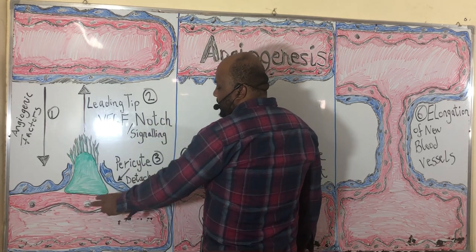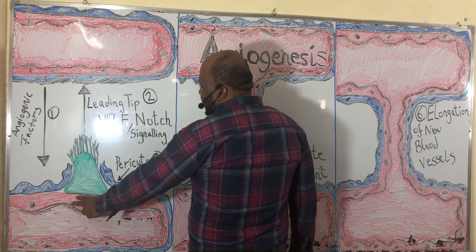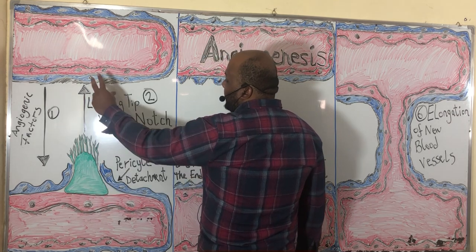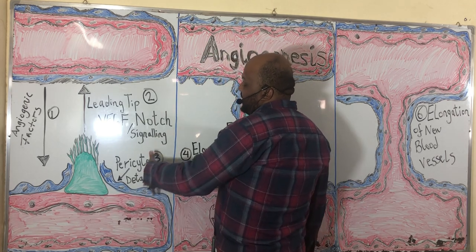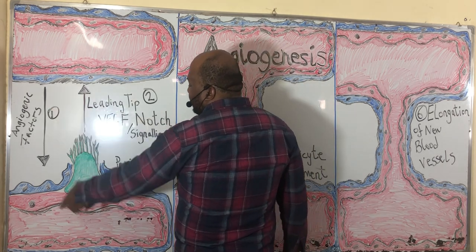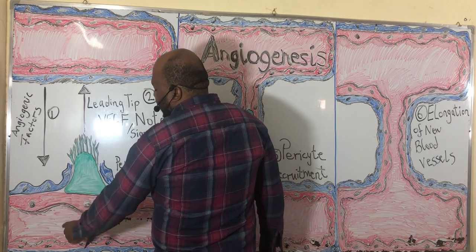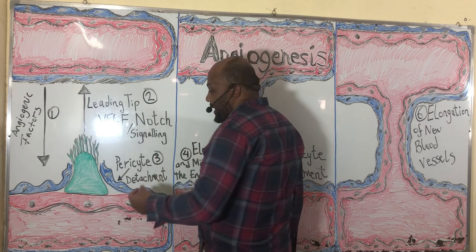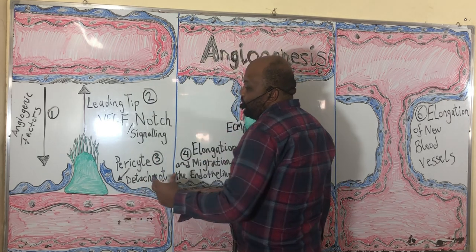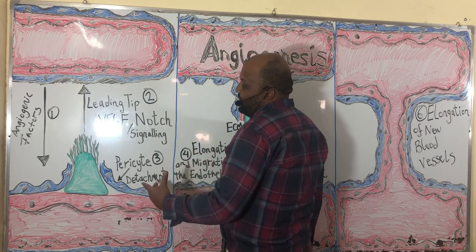Then there is nitric oxide. The blood vessel receiving the angiogenic factors would receive nitric oxide and dilate, and it would also become more permeable.